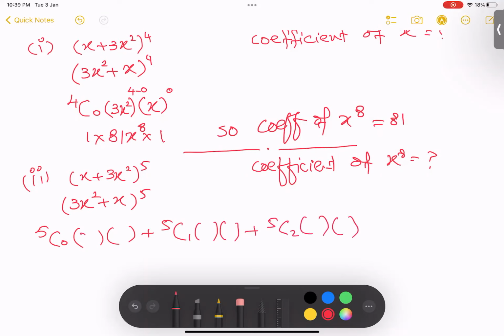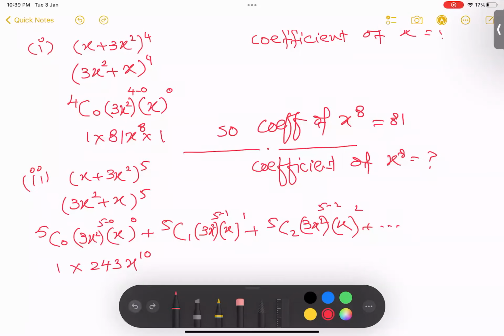Here 3x to power 2 comes, here x, and these two numbers' difference comes on the top: 5 minus 0, here 0; 5 minus 1, here 1; 5 minus 2, here 2. 3 twos are 6, 6 plus 2 is 8. It means I am getting my answer. So this turns out to be 1 into 3 to power 5, which is 243, and x to power 2 fives are 10. So it is a very clear approach.